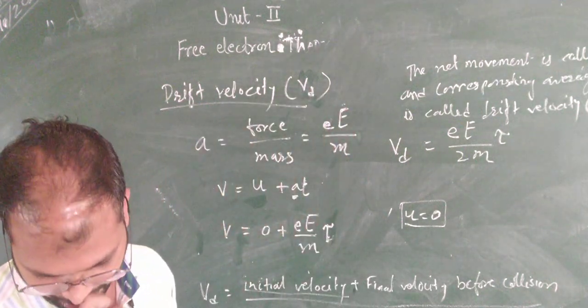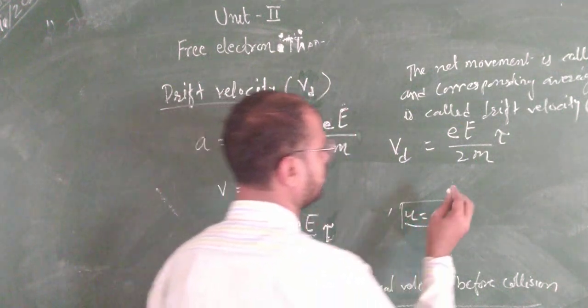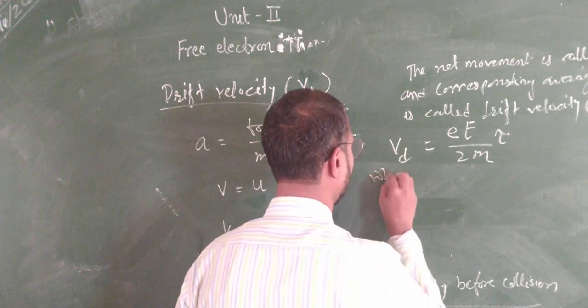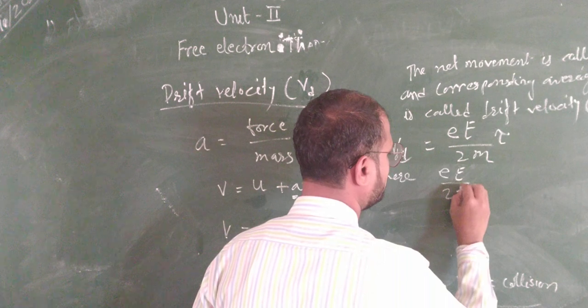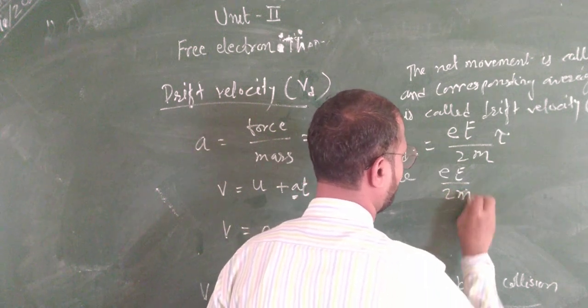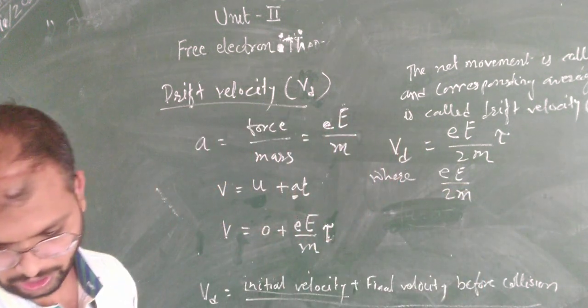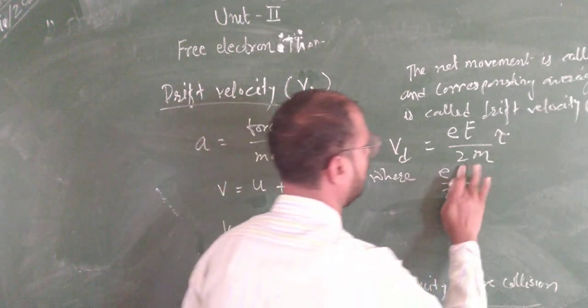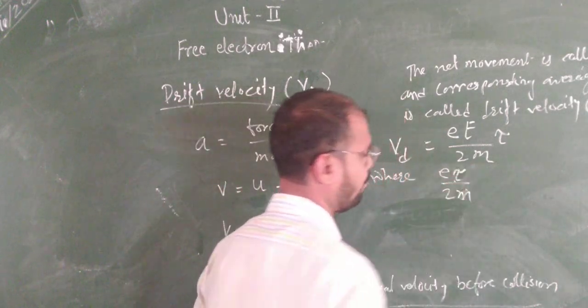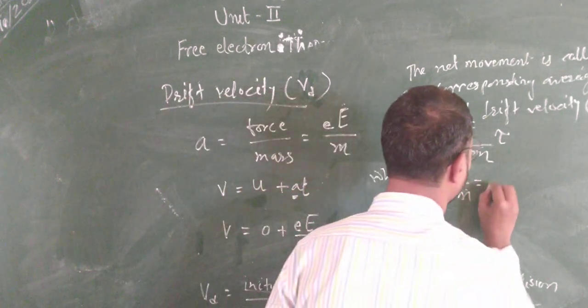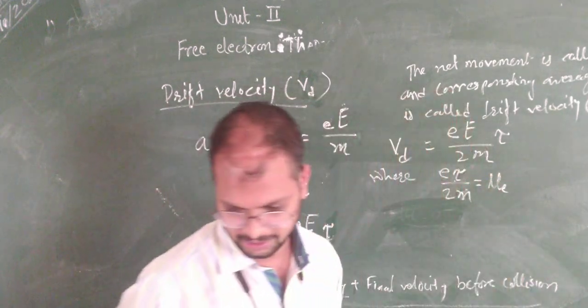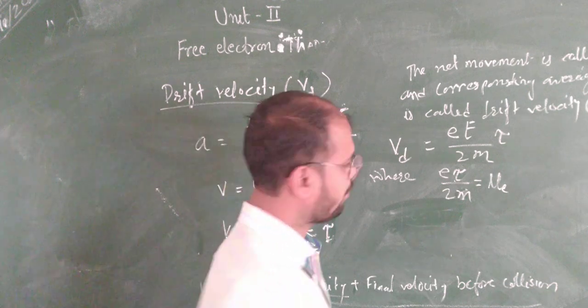Okay, where e tau upon 2m is equal to mu e, and this is nothing but the electronic mobility.